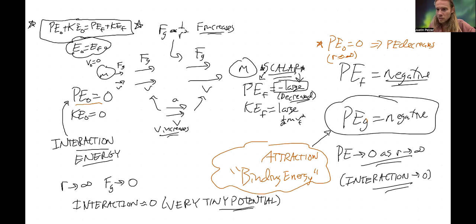As R increases, PE decreases, because kinetic energy increases. That's the why. Because of the force alignment with the velocity. So see the logical progression. Force is attractive, so it speeds it up. So KE goes up, so PE goes down, but it went down from zero, so it's negative.